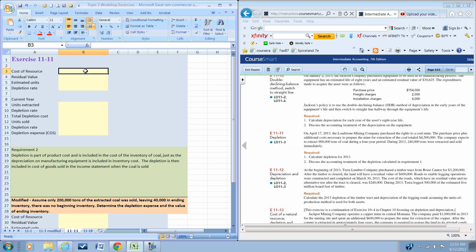The resource acquisition was valued at 4,500,000.